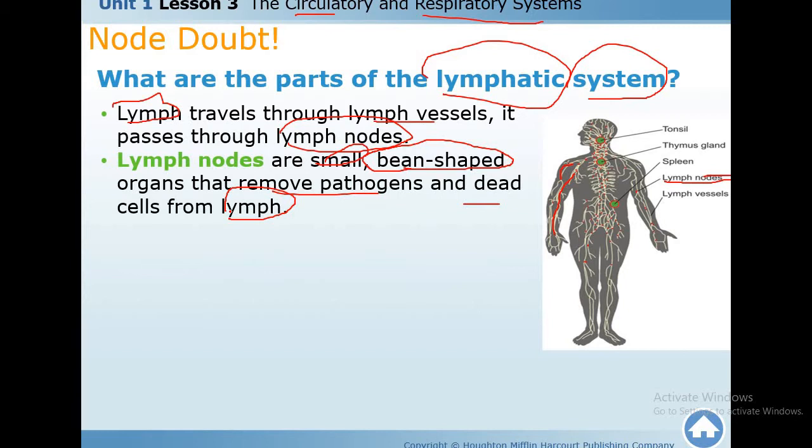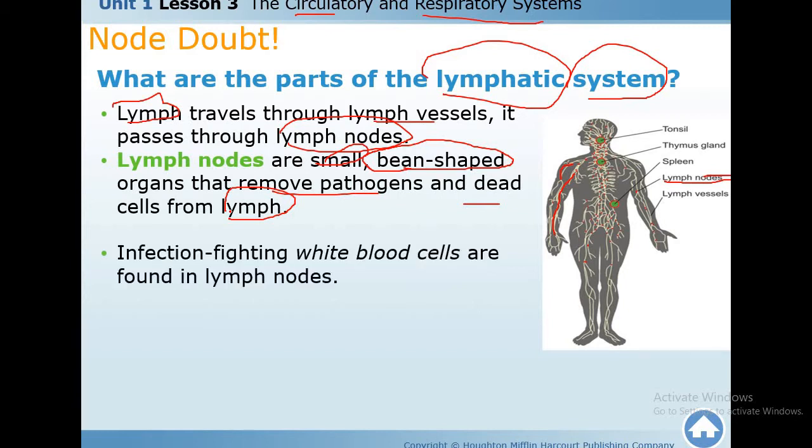Why? There are white blood cells in these lymph nodes that fight against the pathogen. So infection-fighting white blood cells are found in lymph nodes.